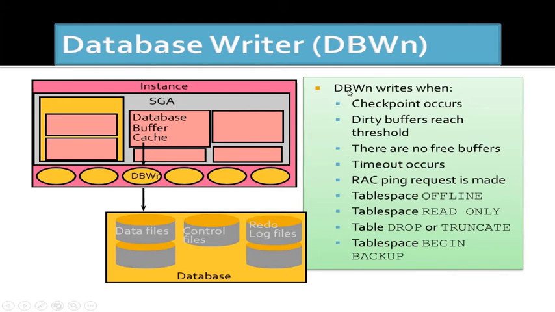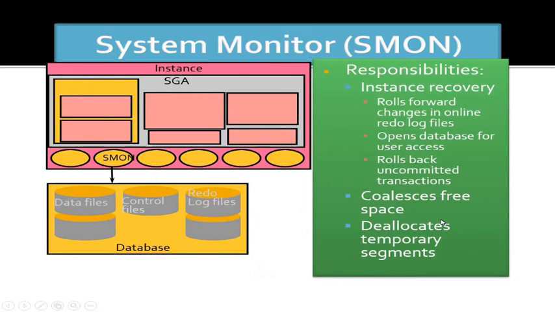Database Writer writes when a checkpoint occurs, dirty buffers reach a threshold, there are no free buffers, a timeout occurs, a RAC ping request is made, a tablespace goes offline, a tablespace goes read only, a tablespace is dropped or truncated, and so on.